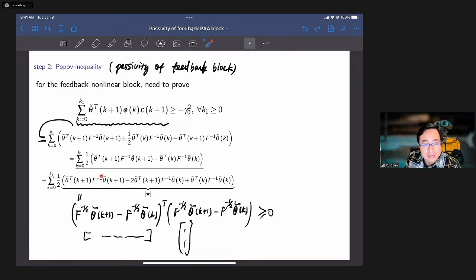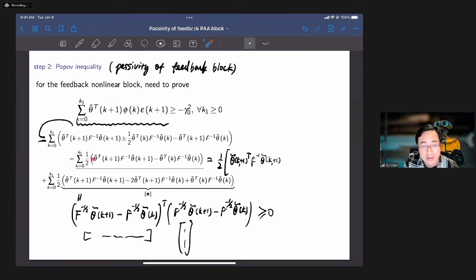And the remaining term over here is also structurally very nice. If you write out the specific terms in this summation, you will notice that this is theta tilde k plus 1 transpose F inverse theta tilde k plus 1. So in the end, K is K1.